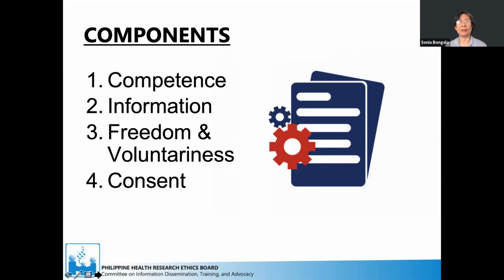There should be adequate and appropriate information, understandable at the level of the participant's education, and there should be the freedom to choose and the voluntariness to join. And of course, it should be documented, preferably, that he indeed will join.